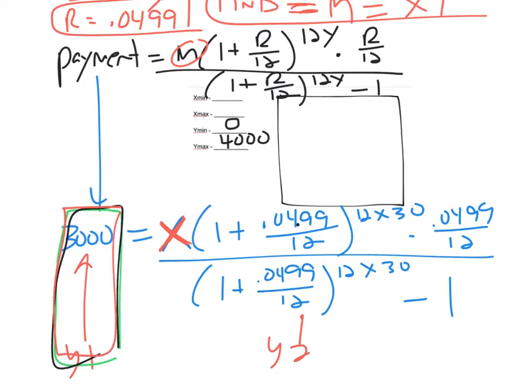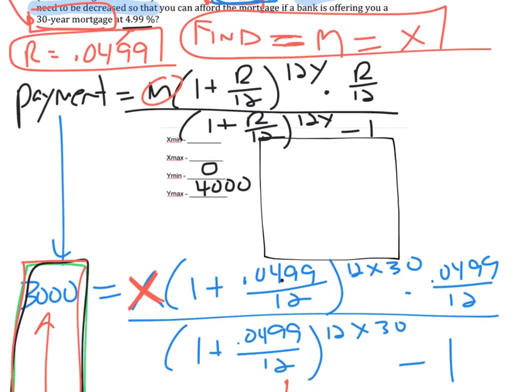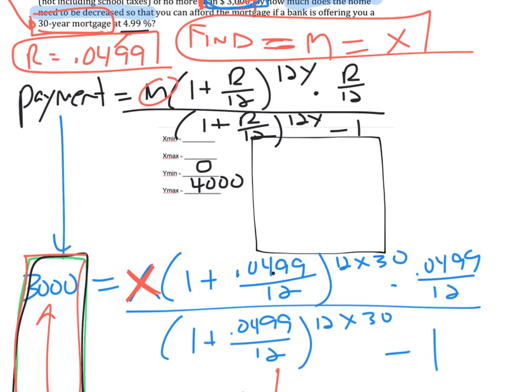The question implies that you can't afford a $600,000 house. So I know the price of the house, the X, the amount of money that I can mortgage, has to be less than $600,000. So maybe what I'll do for my x's is I'll graph from 0 to 600,000. That's why I'm using this particular viewing window for this question.